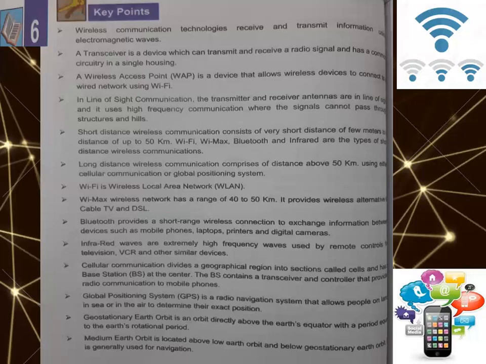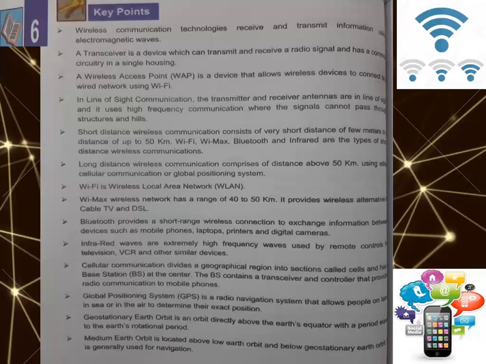It provides a wireless alternative to cable TV and DSL. Bluetooth provides a short-range wireless connection to exchange information between devices such as mobile phones, laptops, printers, and digital cameras. Infrared waves are extremely high-frequency waves used by remote controls for television, VCR, and other similar devices.